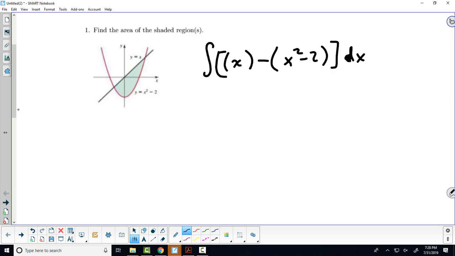Everyone catch that? I need these parentheses right here, or else I won't remember to distribute this negative at some point. That's why I need to make sure I put that second function especially in parentheses. Does that make sense? Okay. What remains to be done?